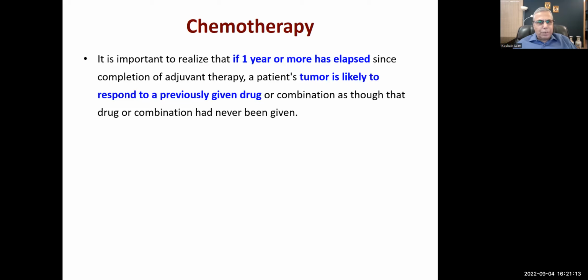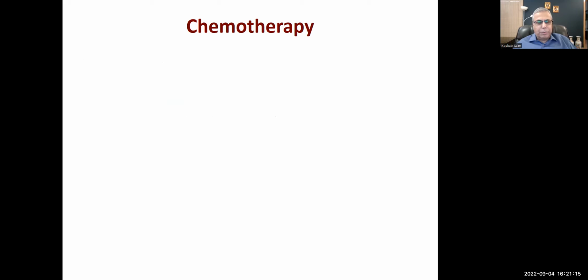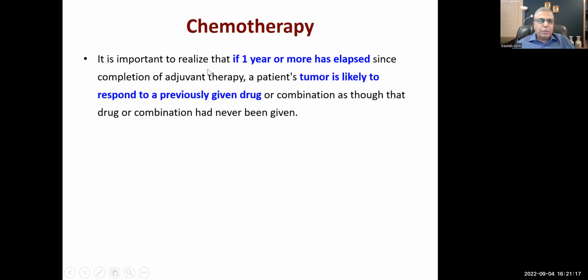Now, one more important thing about chemotherapy. It is important to realize that if 1 year or more has elapsed since completion of adjuvant therapy, where you give certain cycles, 6 cycles, 8 cycles of whatever protocol you're using, then you stop the therapy, and the patient remains disease-free for 1 year or more, that is a good thing.